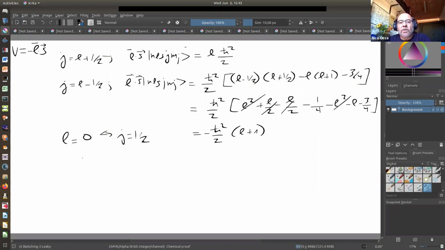So basically, we only have the situation where for l equal to 0, this will be 0, the contribution from the spin orbit interaction. But let's first go back and finally close the calculation that we are doing right now.